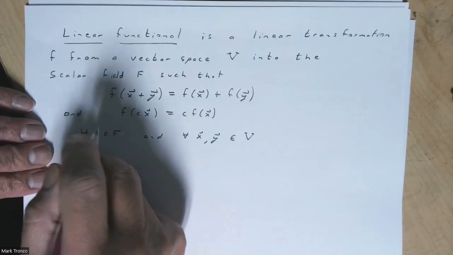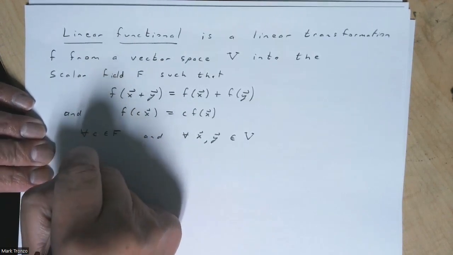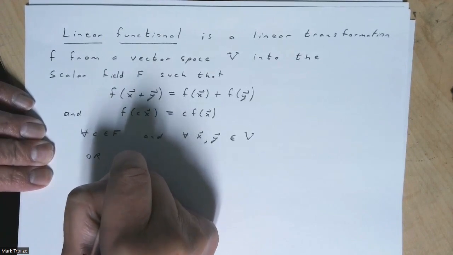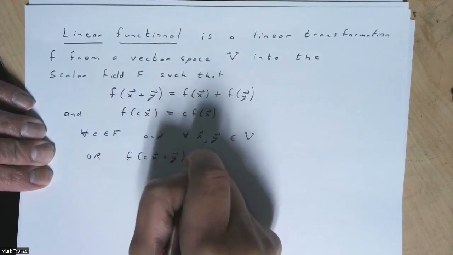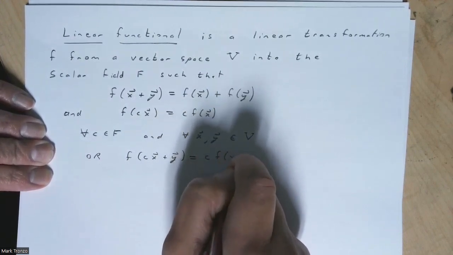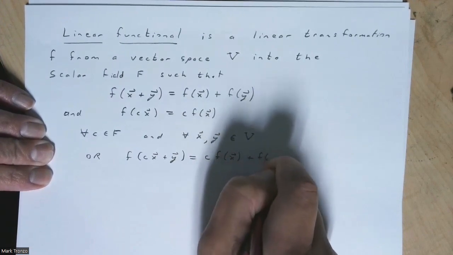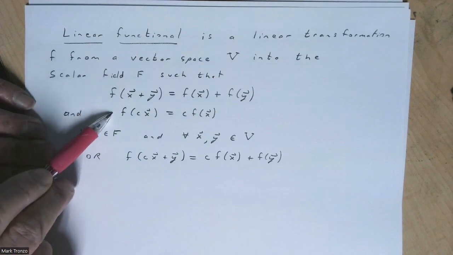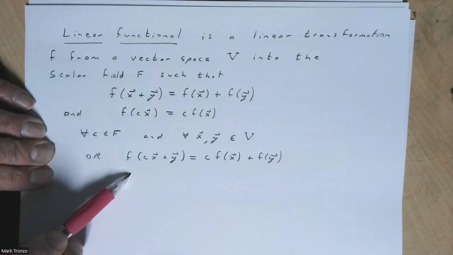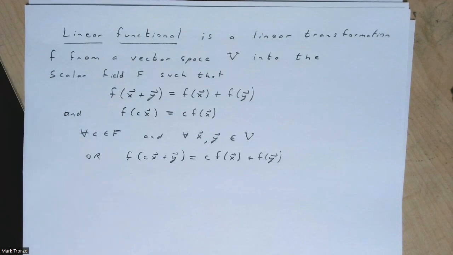And once again, you could also say this in 1 step: f of cx plus y is equal to c f of x plus f of y. So once again, these are equivalent definitions. That's the definition of a linear functional. Again, the idea is it maps into a scalar, not into a vector, like the more general linear transformation.